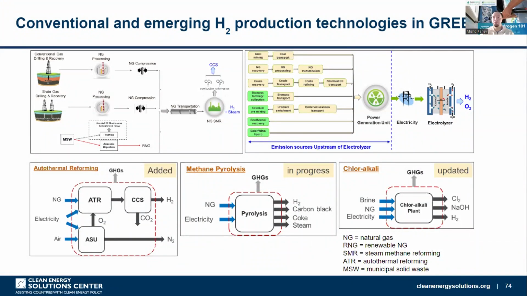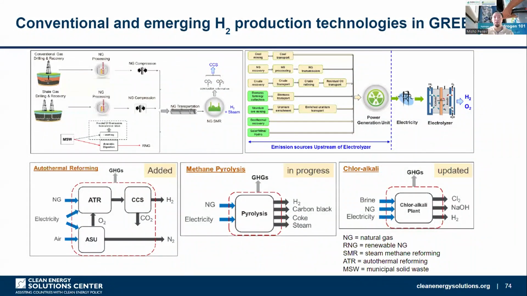It basically uses air separation unit to provide oxygen for the reforming process, which results in a concentrated hydrogen stream and a concentrated carbon dioxide stream, making it a little bit easier to concentrate and provide that carbon dioxide for sequestration. There are emerging pathways such as methane pyrolysis.